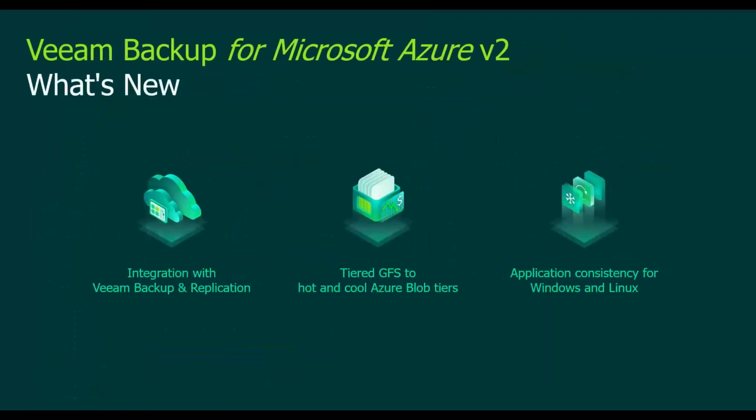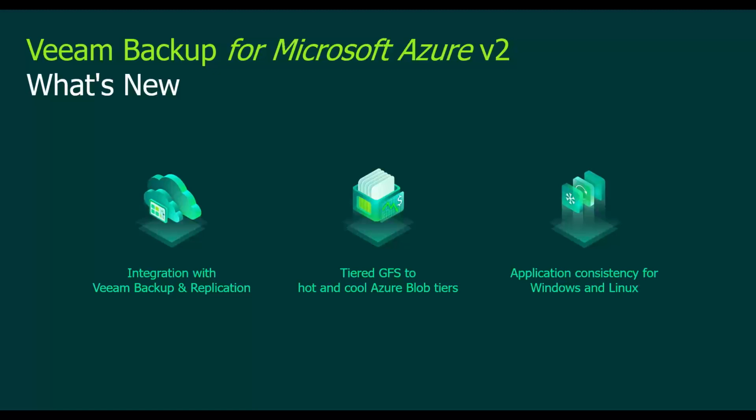So in version 2, we've added 3 major things. We integrated it with Backup and Replication, and one important thing, we have added the option to use tiered GFS. That means storing your backups depending on the lifetime of the data on the correct tier of Azure Blob.